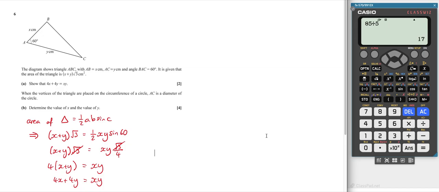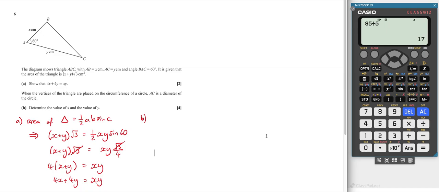As required. When the vertices of the triangle are placed on the circumference of the circle, AC is a diameter of the circle. So unusually, we have to think back to our circle theorems.